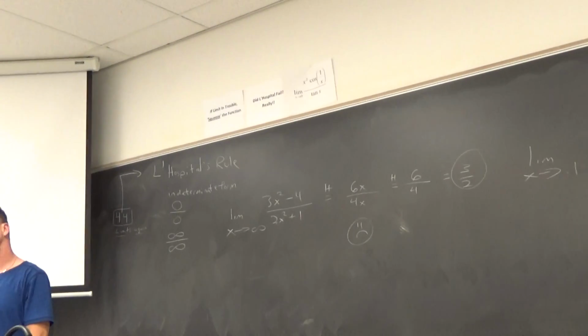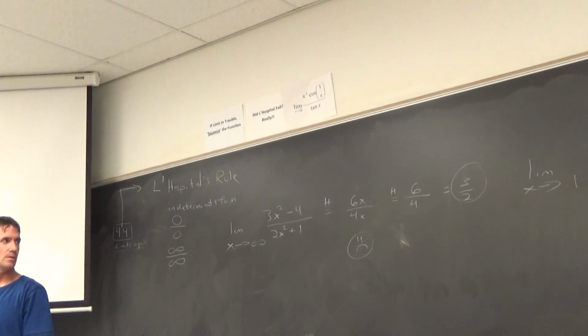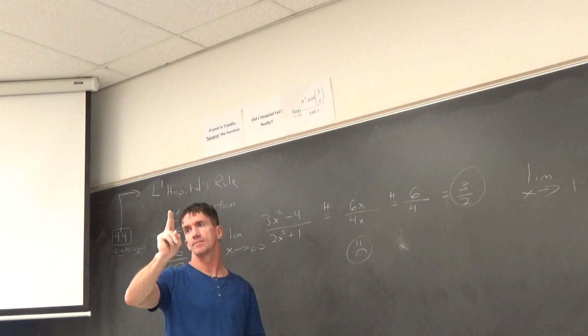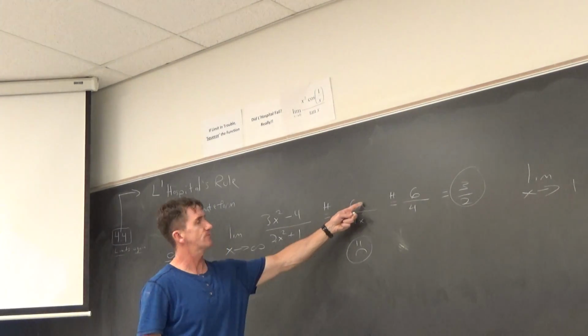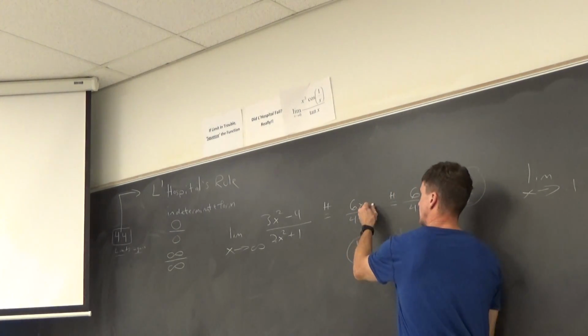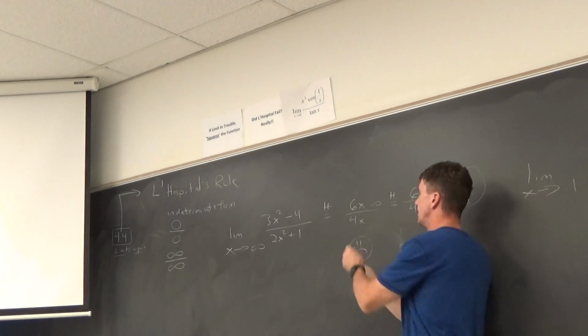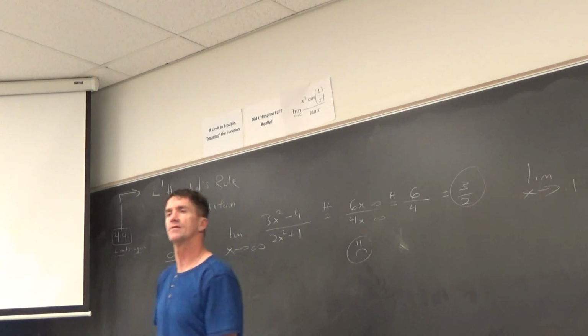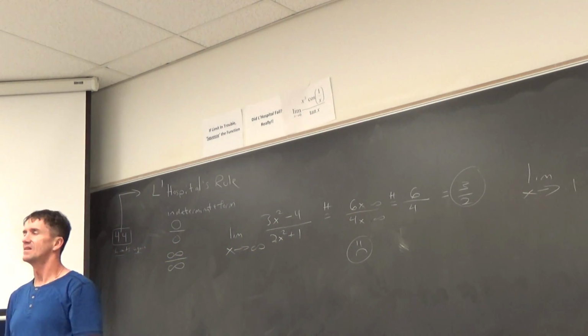Amber, do you remember what you did after 6x over 4x? I actually applied L'Hopital's rule a second time, because I had infinity over infinity, 6 times infinity over 4 times infinity. I had this again, so I can just do another round of L'Hopital.